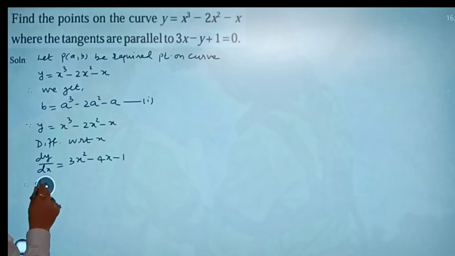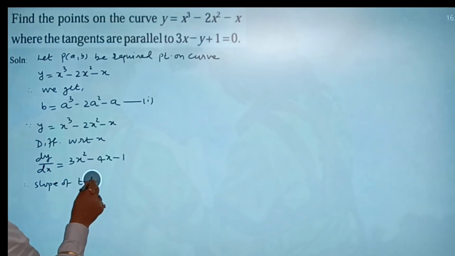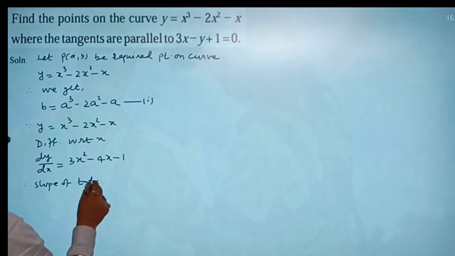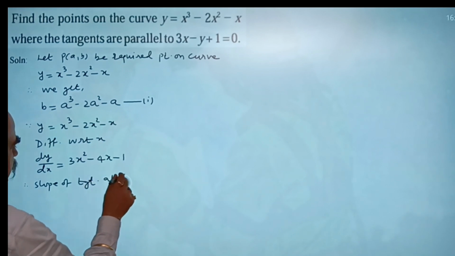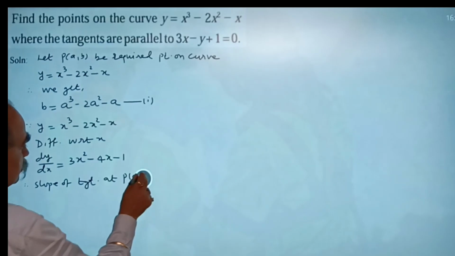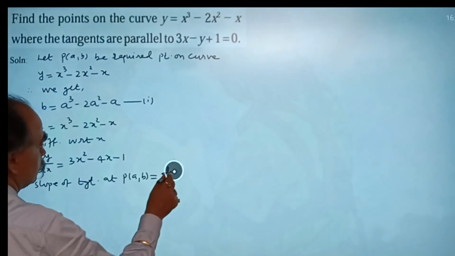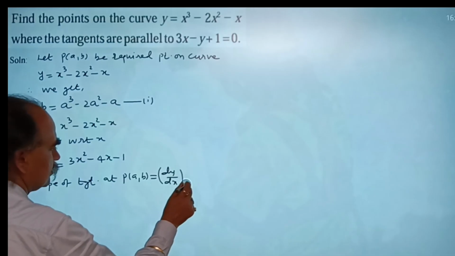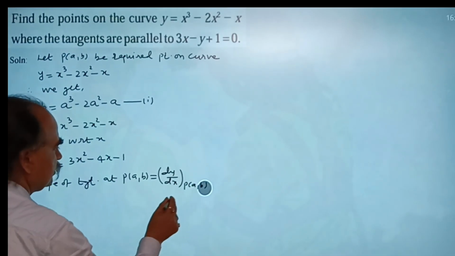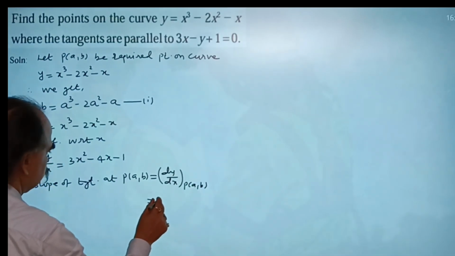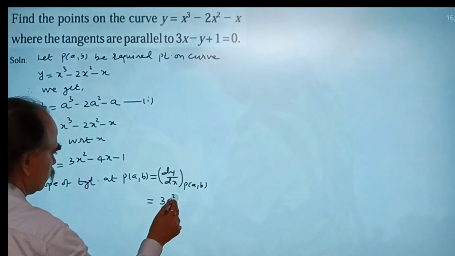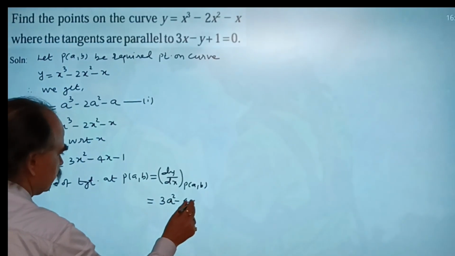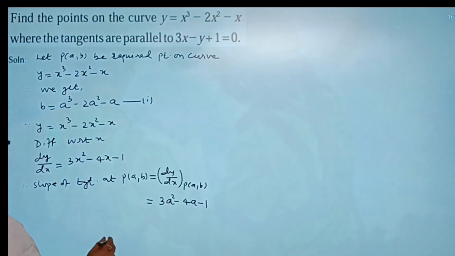So slope of tangent is what? Slope of tangent at P(a, b), dy by dx at P(a, b), is equal to 3a square minus 4a minus 1.